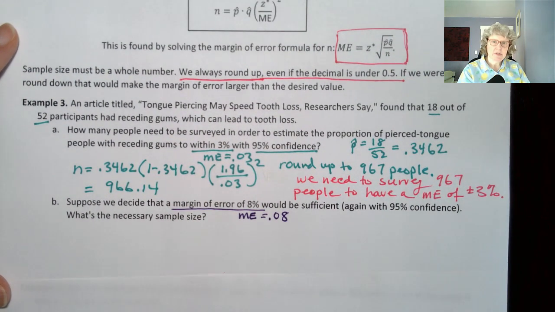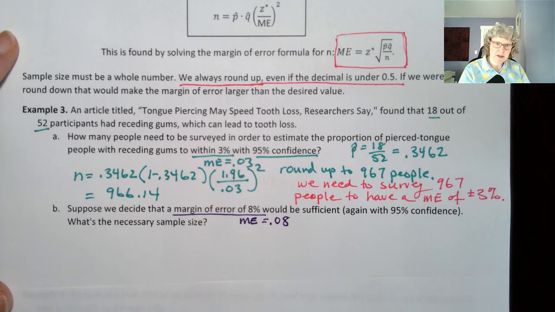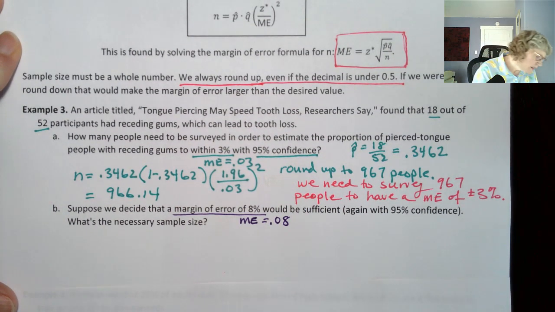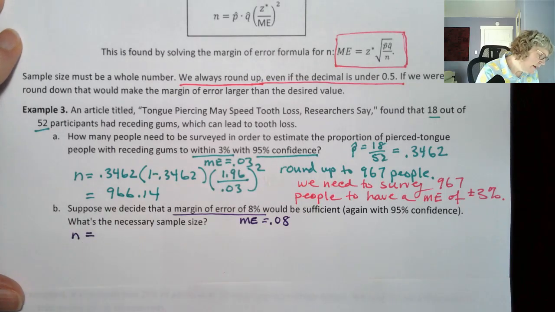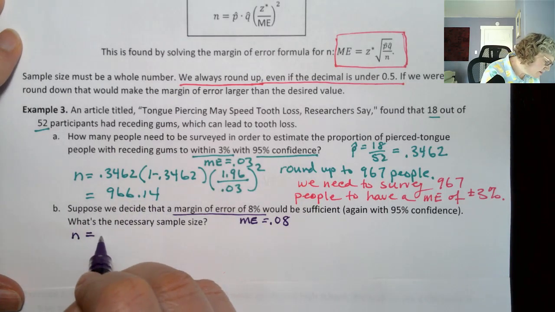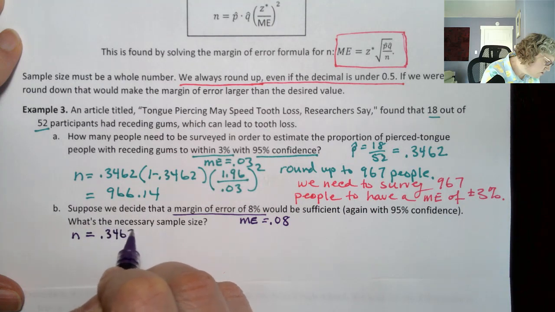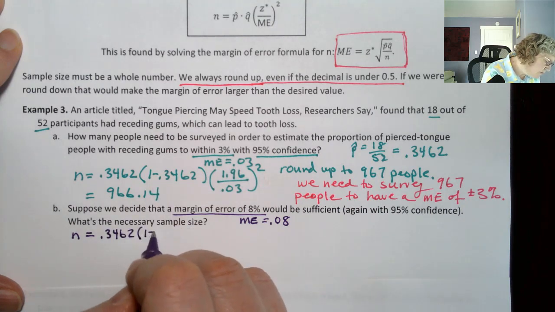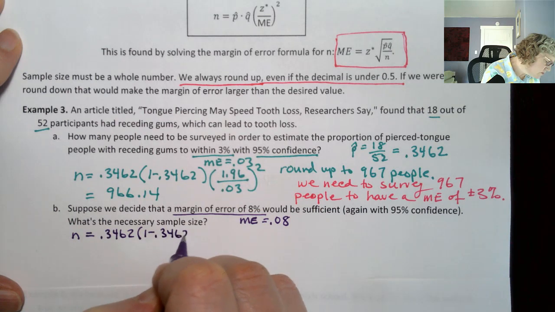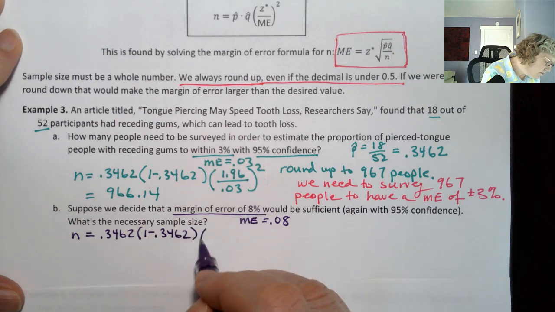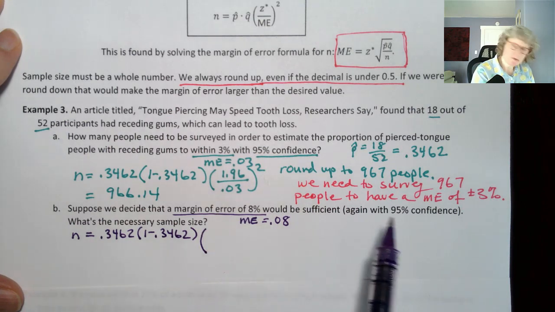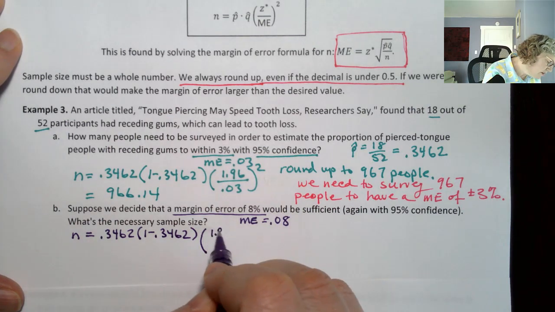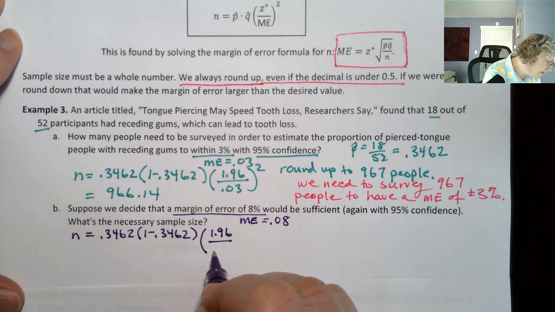Okay, actually, let me keep the formula on while I write it out the first time, and then I'll move it up. Okay, so N equals P hat, Q hat. So that's going to stay the same as last time. 0.3462 parentheses 1 minus 0.3462. Okay, then parentheses 1.96. We're keeping the same confidence level. 1.96, but this time we're going to divide by 0.08.